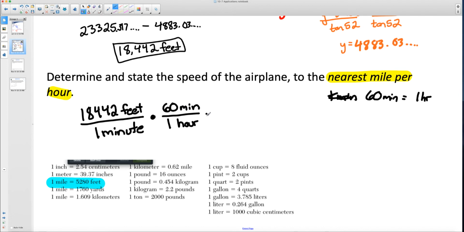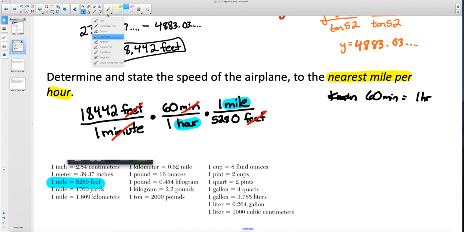I need one in the numerator and one in the denominator, so feet need to go down here. And the conversion is 5280 feet equals 1 mile. The reason we have it like this is we need a numerator and denominator to cross out the units. Minutes, minutes cross out, feet, feet cross out, and that just leaves us with miles per hour.